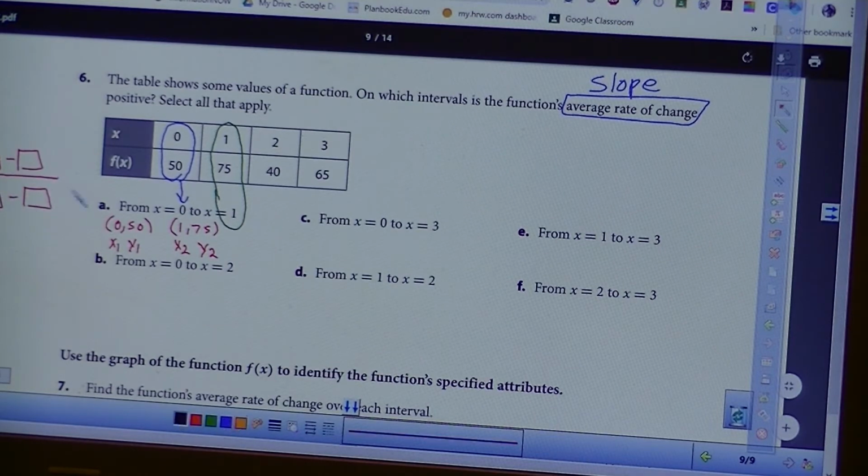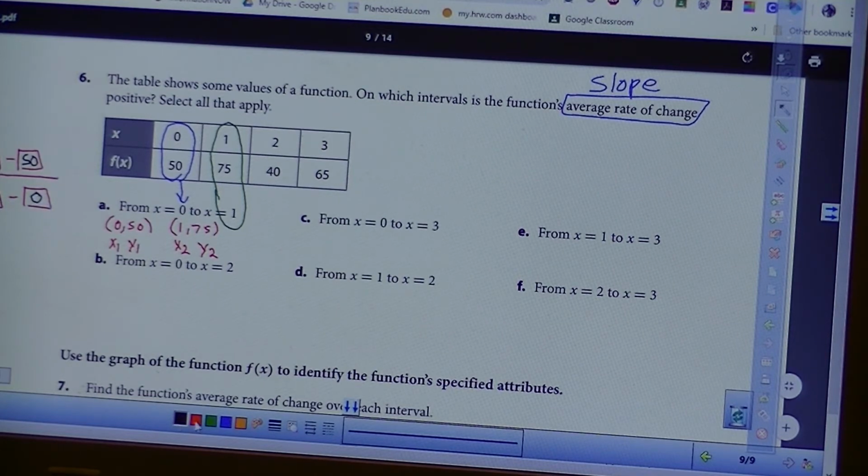So y sub 2 goes here, which is 75. Y sub 1 goes here, which is 50. X sub 2 goes here, which is 1. And x sub 1 is 0.